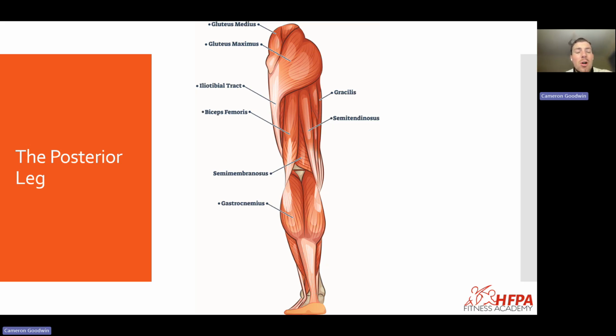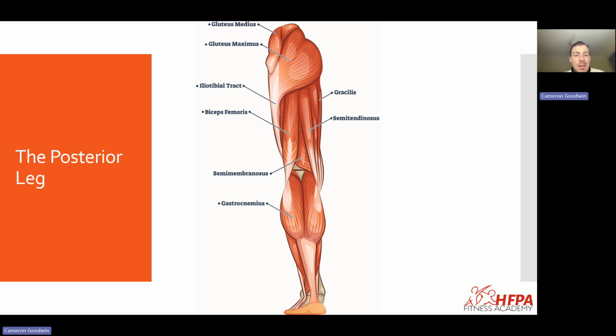These three here are your hamstrings, right? When you're training your hamstrings, you can see them all here. Going from outwards inwards, you have your biceps femoris, your semimembranosus, and your semitendinosus, right?